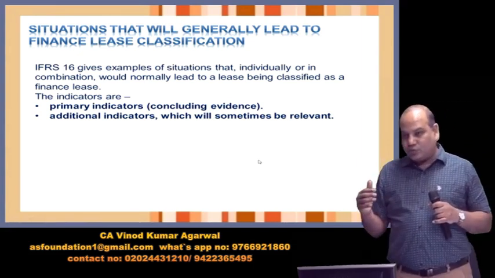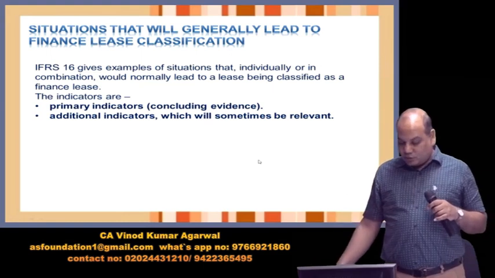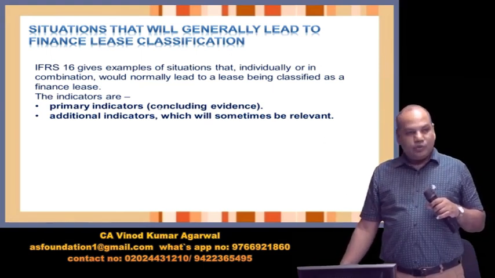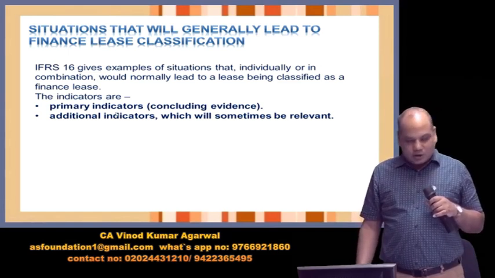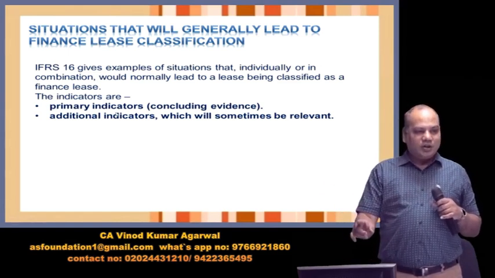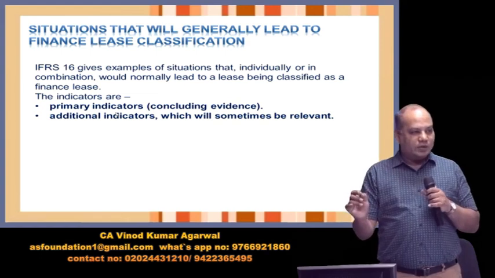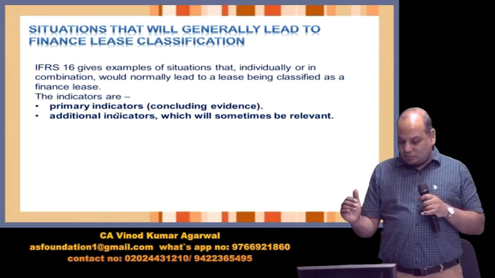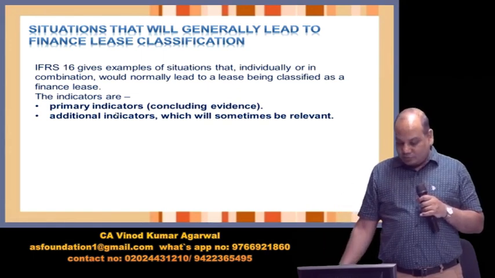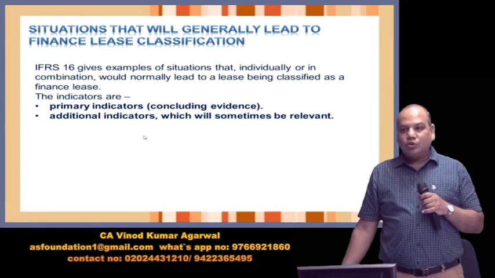And to help you, to guide you, they have given you some indicators. So we will call them primary indicators and additional indicators. Primary indicators are concluding evidence, and additional indicators are also relevant for decision making. But additional indicators are not concluding evidence.